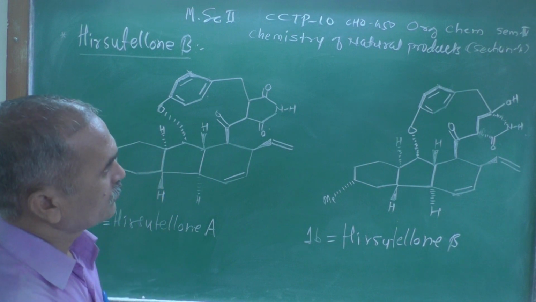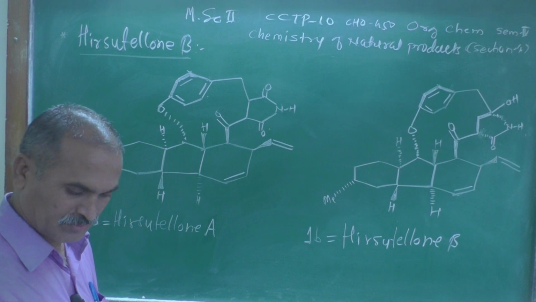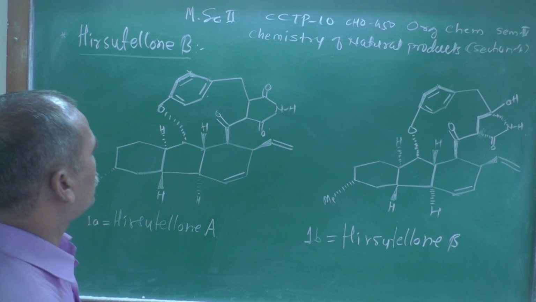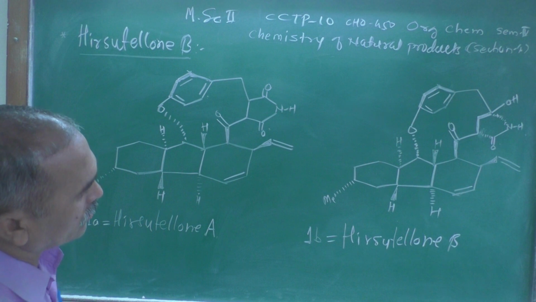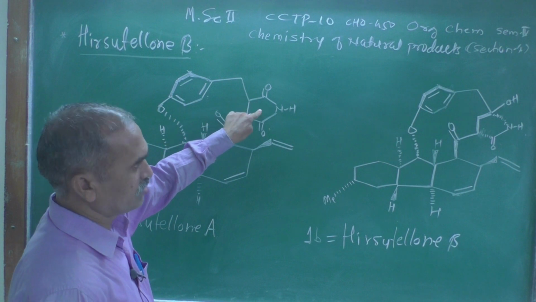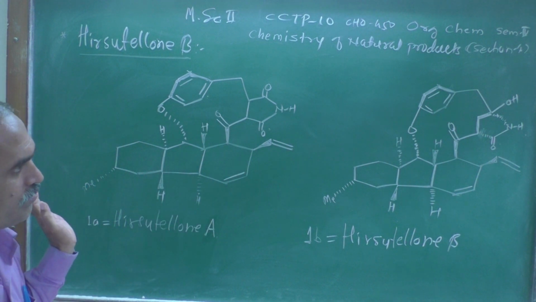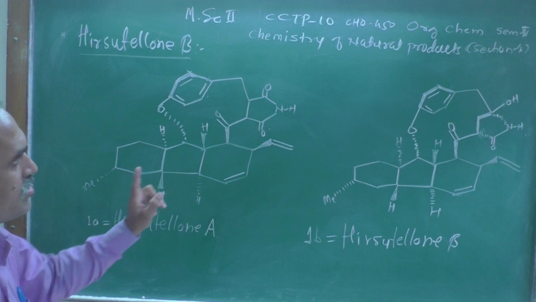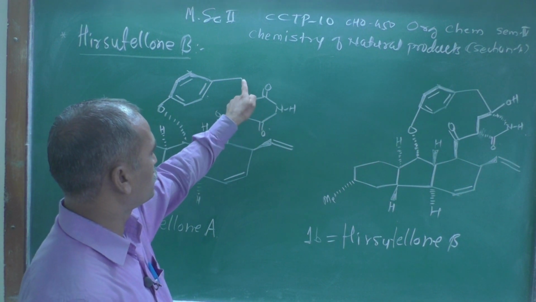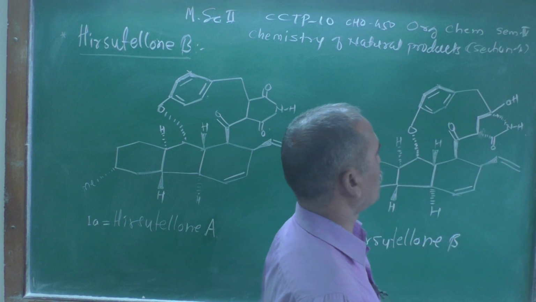Now if you observe these two structures carefully, what do you see? All the stereochemistry is shown here. Only the succinimide type of structure changes. If you compare these two structures carefully, only changes are observed over here. The bond is linking here, but in this case the bond is linking from this.